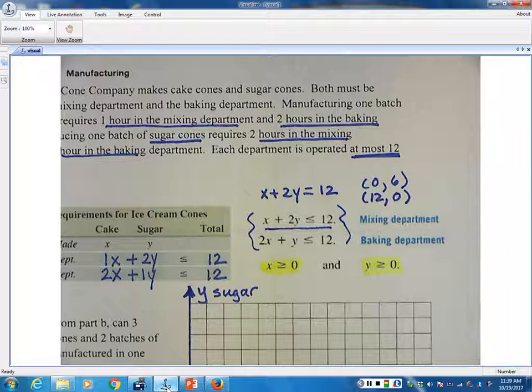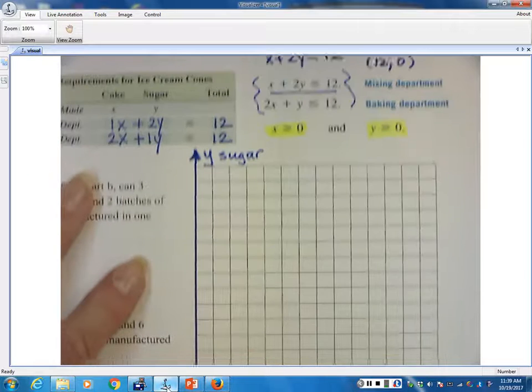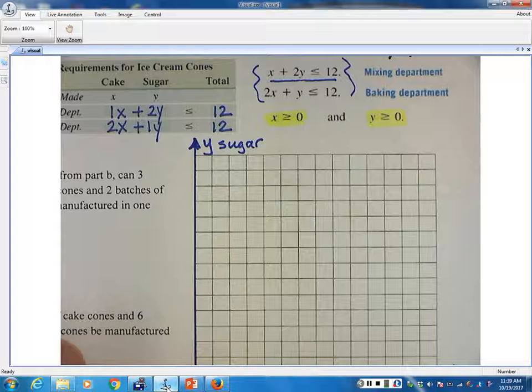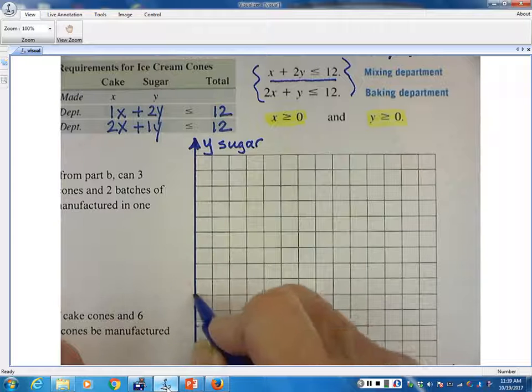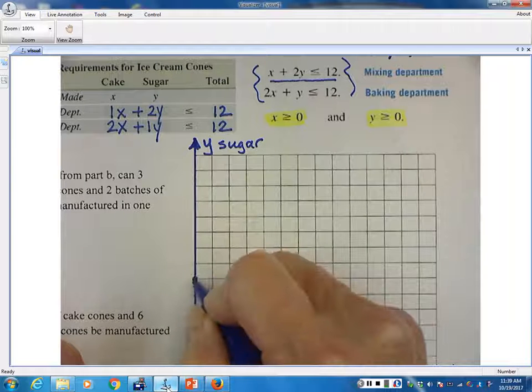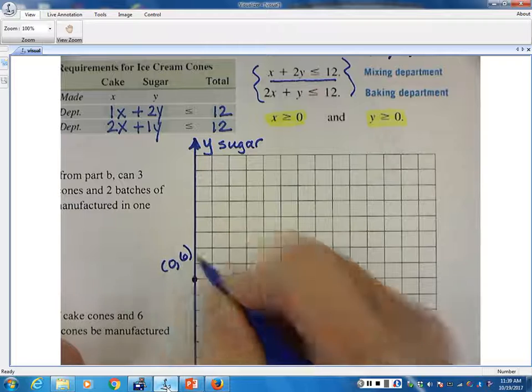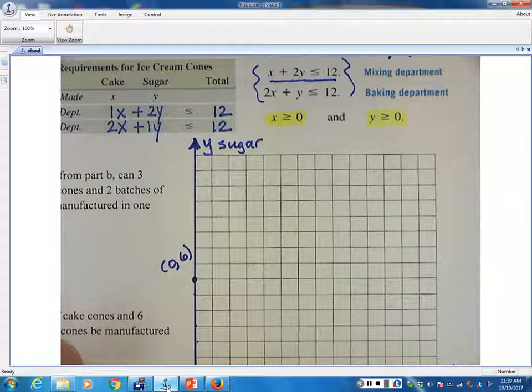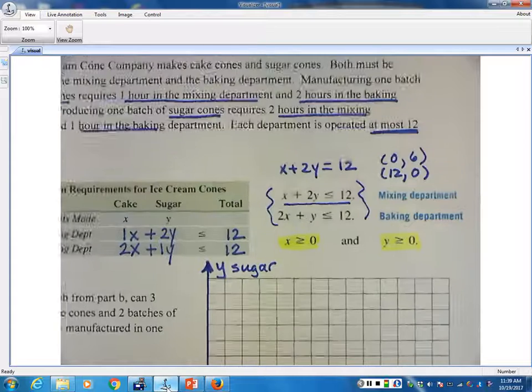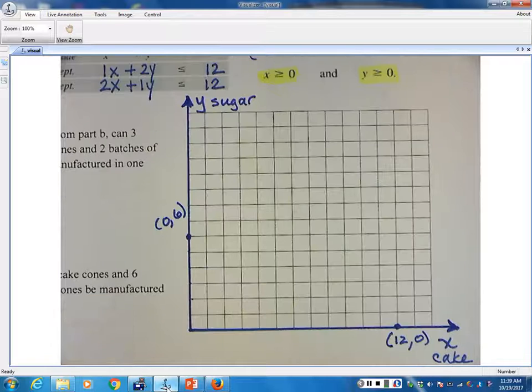So there's my two intercepts, 0, 6, and 12, 0. And since it's equal to or less than, I'm going to make my line solid.